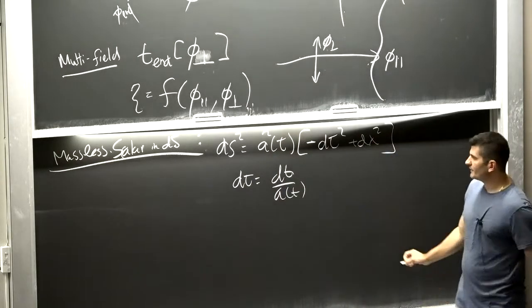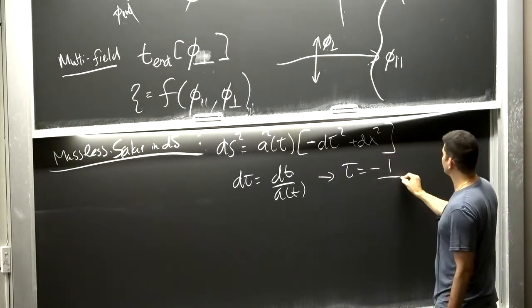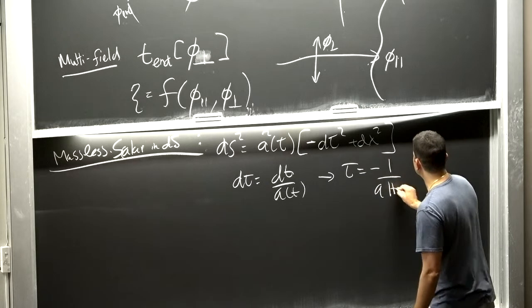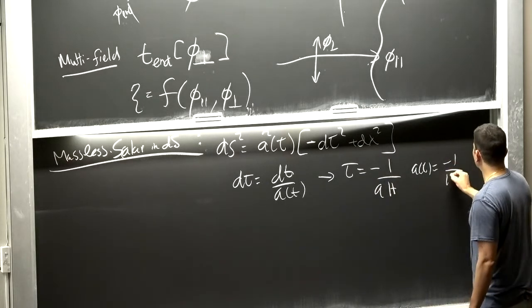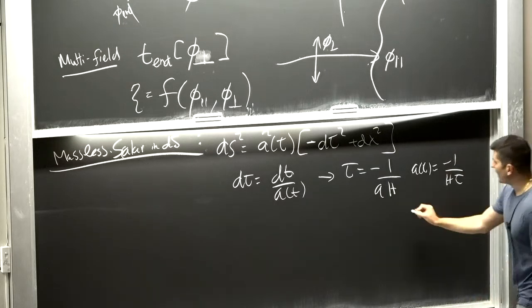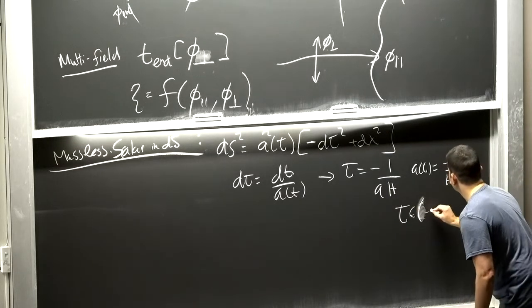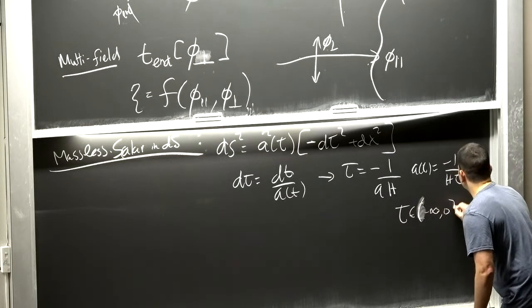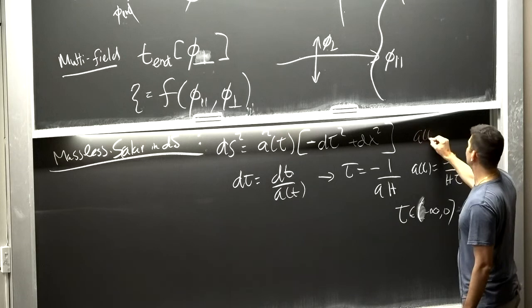You can integrate this equation to find out that τ is equal to -1 over aH, or that a of τ is equal to -1 over Hτ. And τ here runs from -infinity to 0 in the slicing of de Sitter where a of t is e to the Ht.